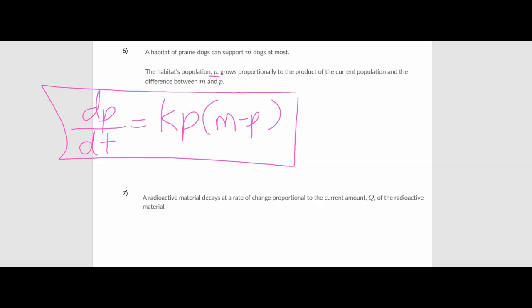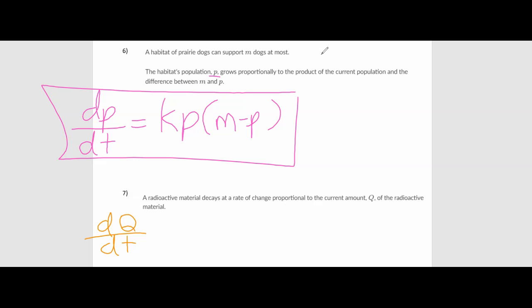Number 7 says a radioactive material decays at a rate of change proportional to the current amount, Q, of the radioactive material. So we're looking at the rate of change of Q, so dQ/dt.